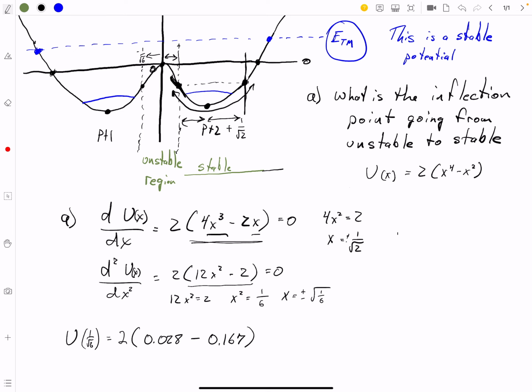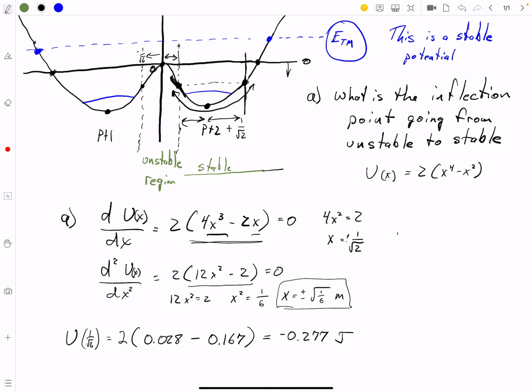And we're going to multiply it all by 2, and we get negative, which should be negative because we're below 0, right? We're down here, so below 0, negative 0.277 joules. We're dealing with SI units, meters, and all that other stuff, so this is in meters right here.